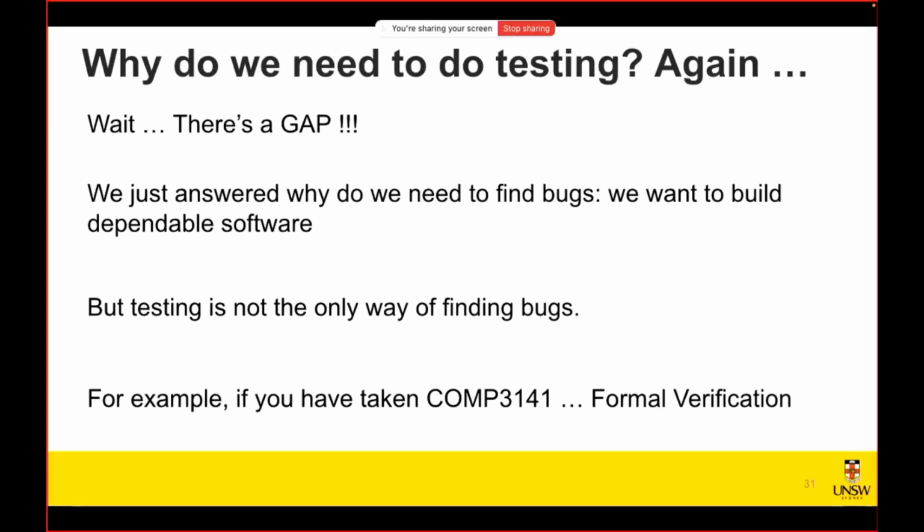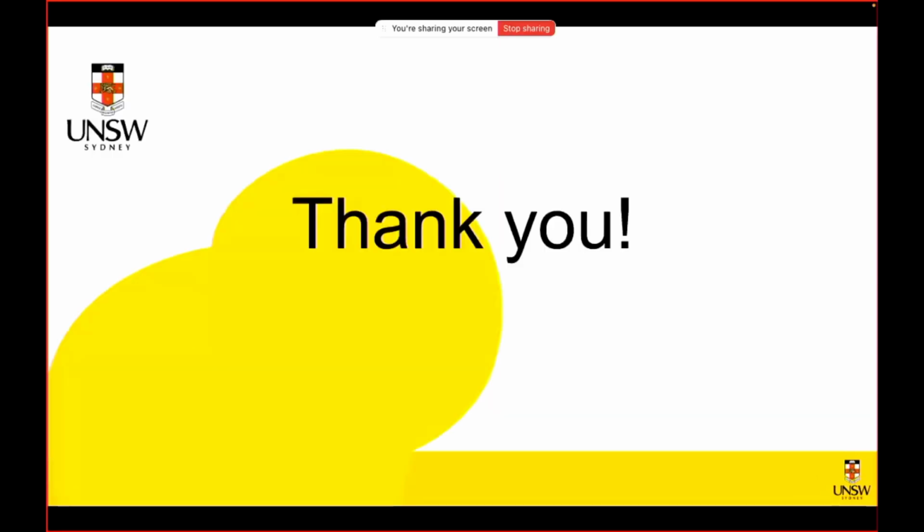So what is the unique position of testing in the big picture of software quality assurance and robustness assurance? That's the next topic we are going to cover in the next lecture tomorrow.